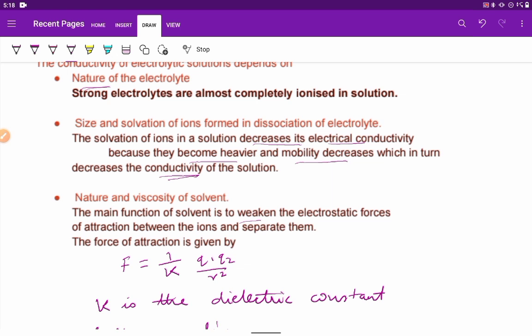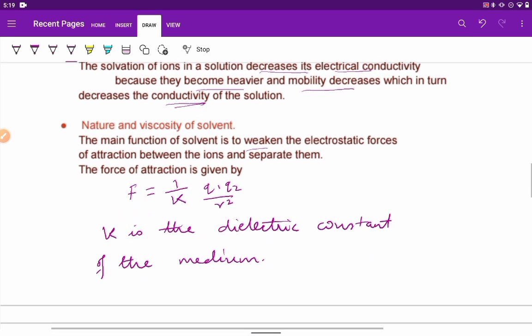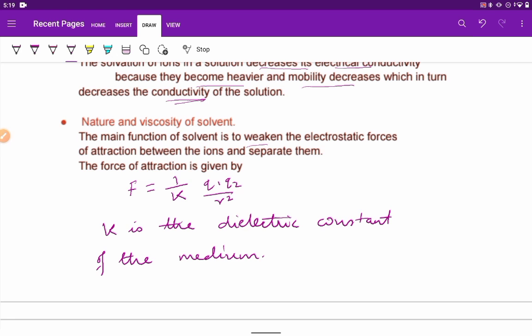The force of attraction holding the ions together in any medium is given by the formula F equals 1 by K, Q1 Q2 by R square, where K is the dielectric constant of the medium.